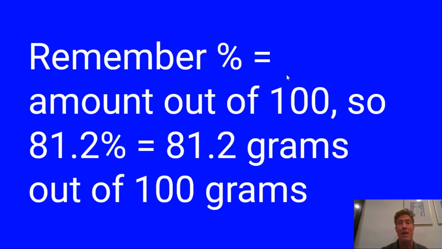Sometimes I like to think of it as cents of a dollar. If you have 83 cents, you have 83% of the dollar. So 81.8% is 81.8 grams out of 100 grams. You can just assume you're dealing with a 100-gram compound for the total weight, and 81.8% of that total is going to be 81.8 grams.